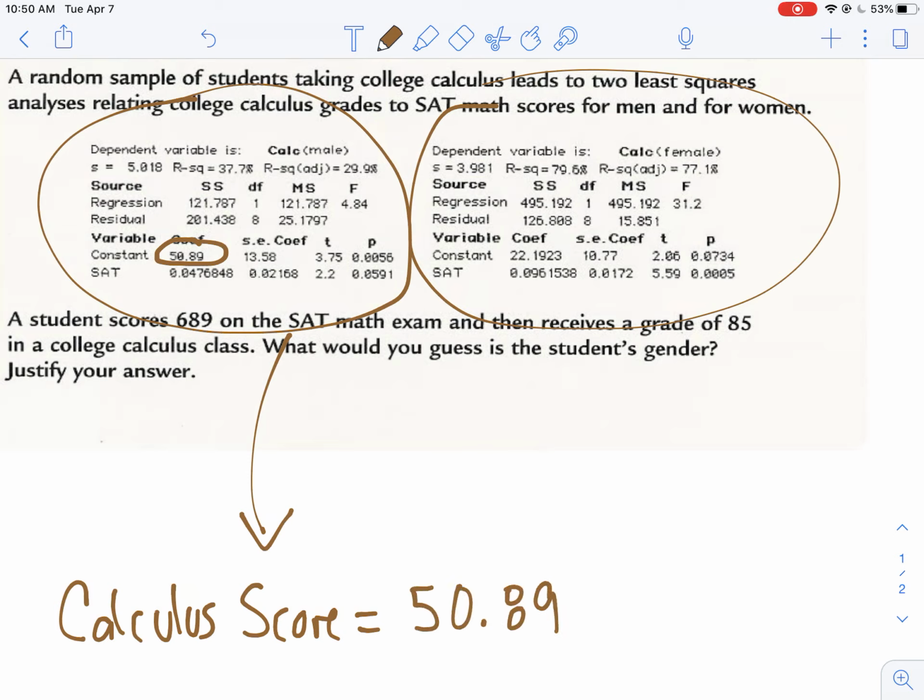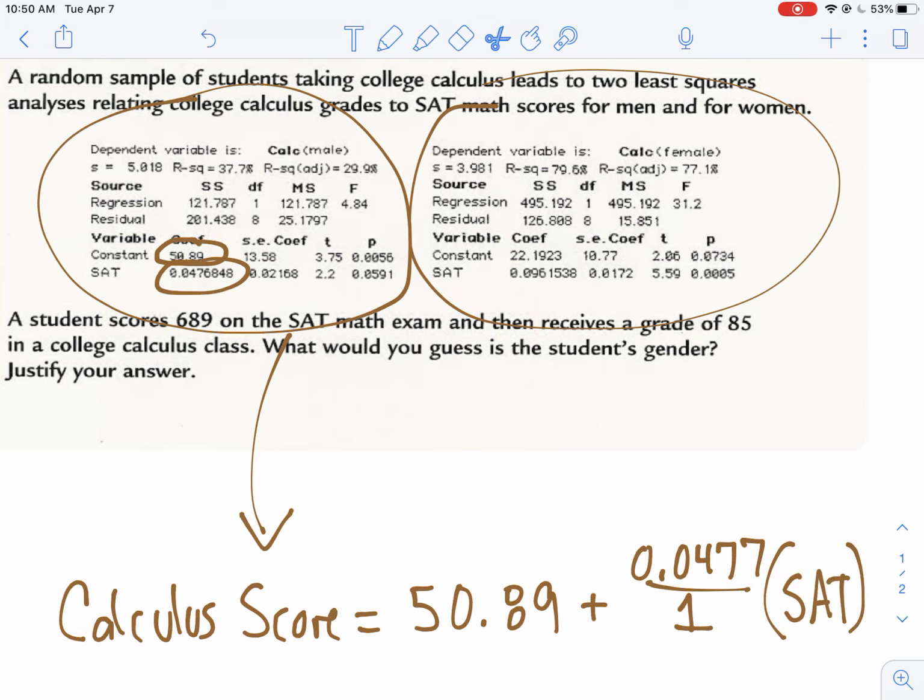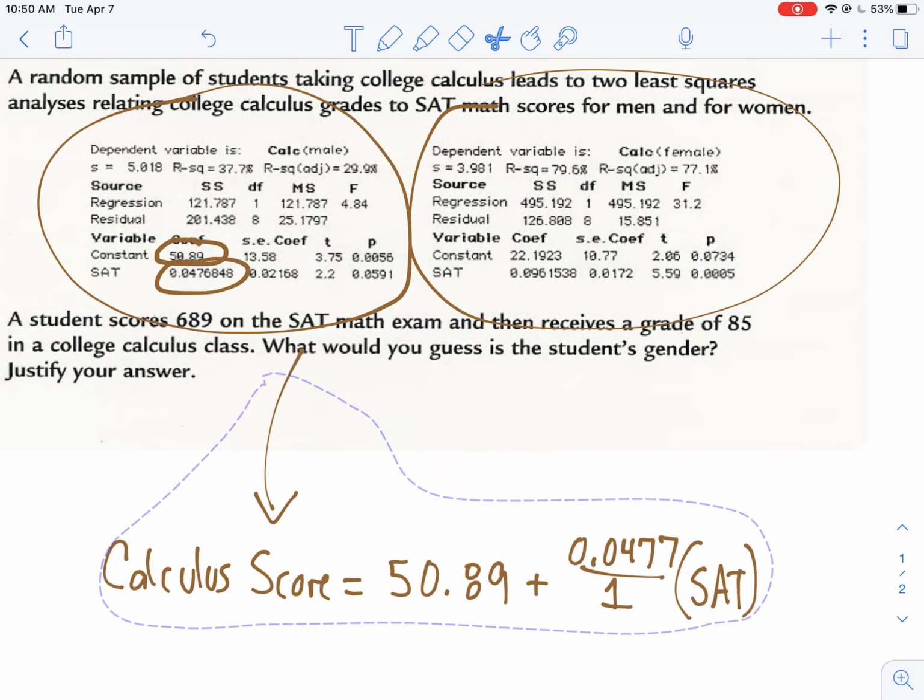I'm just jumping straight to what I need; I don't need this other stuff yet. And then I've got my slope of 0.0477 times SAT score. So I have that for the males, and I'm going to shrink this down because I'm going to use it later.